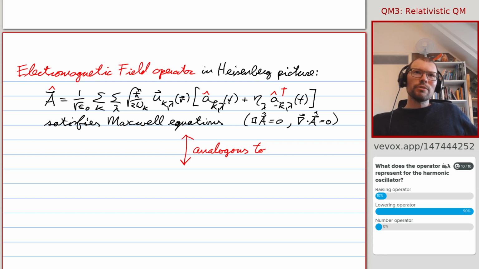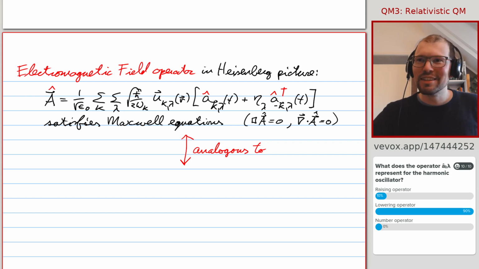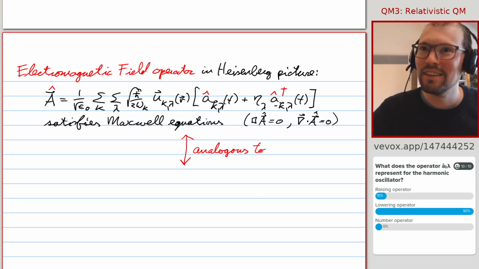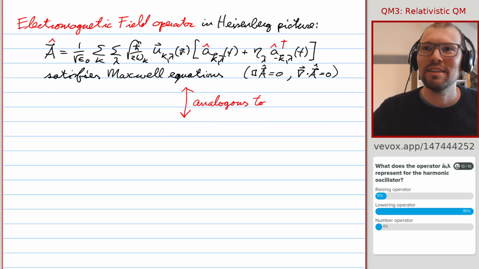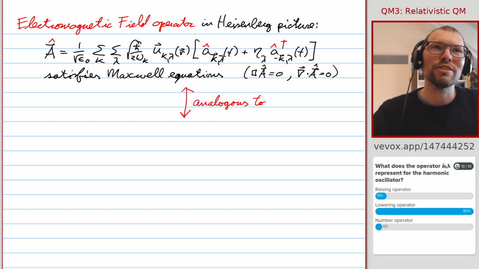What wave equations do we have in non-relativistic quantum mechanics that can be satisfied? There was only one, right? Yes, the Schrödinger equation. Very good.